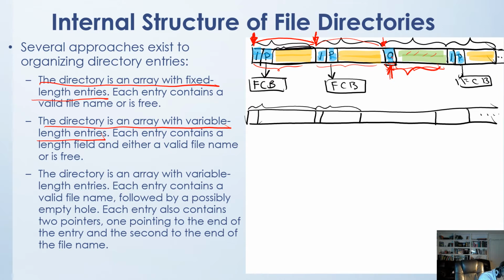So both are occupied. So this is 1. There's still a 1 bit to represent a 1. But then there's another space that stores the length of the entry. Then you have a pointer that points to the FCB, the file control block. That's the length. And that's the space used to store the file name.